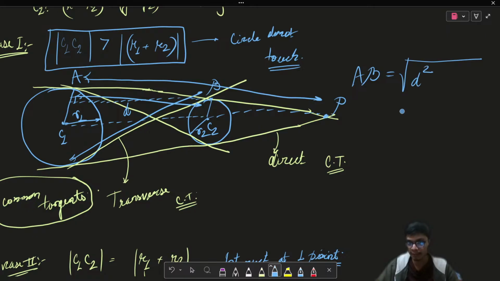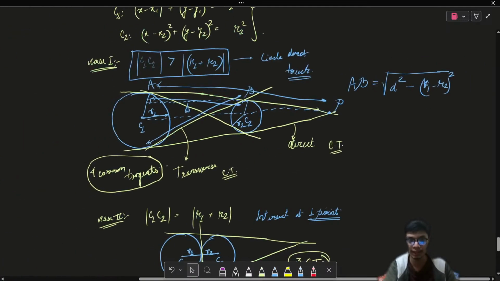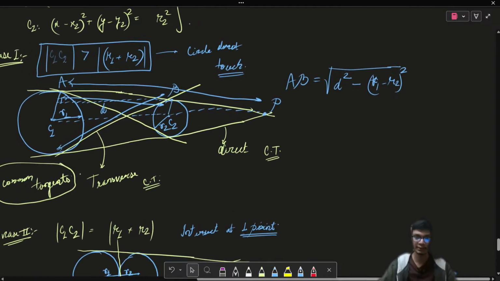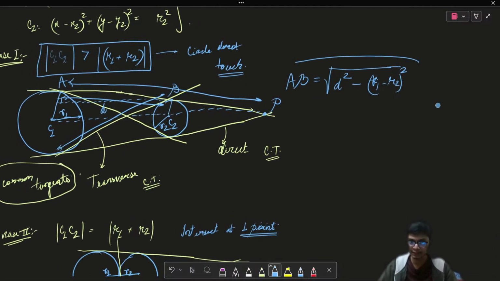Therefore, my result for the length AB is going to come out as the square root of d squared minus (R1 minus R2) whole squared. This is what the result will look like for the length of the external tangent.